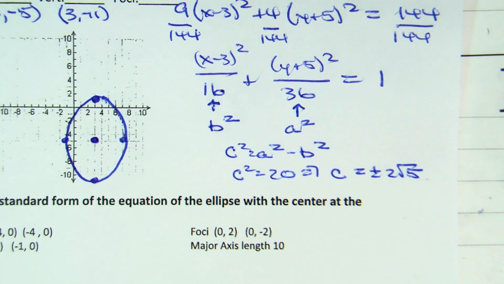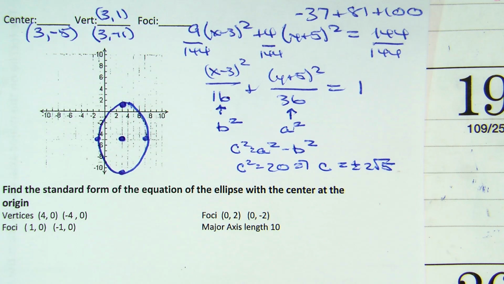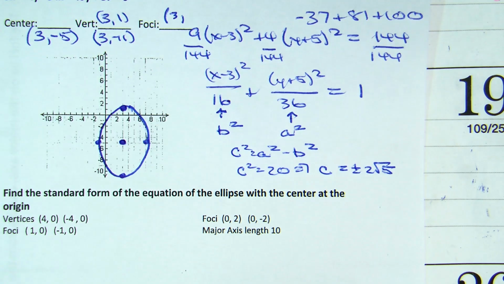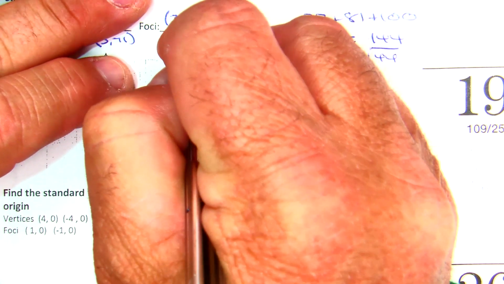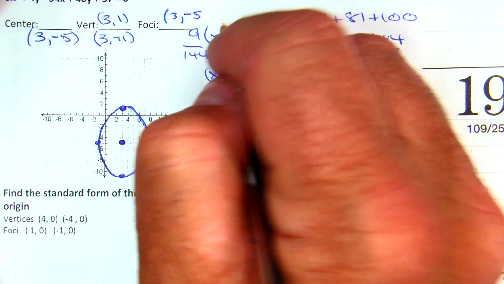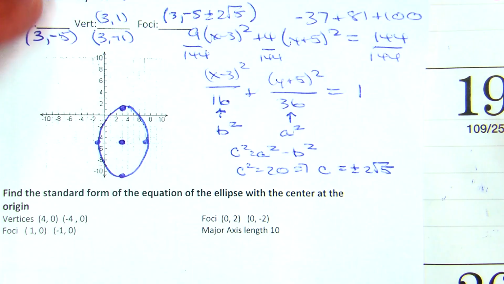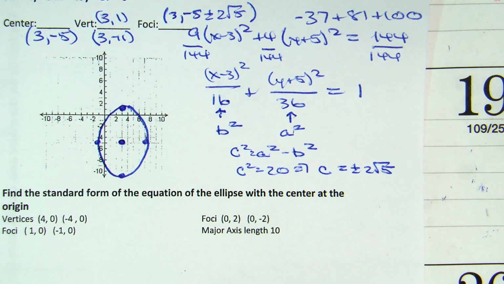To find our foci, we then add and subtract that value from the center. So again, the x-coordinate is going to stay exactly the same. When it is a radical, we're going to start with the y-coordinate of the center, put a plus minus 2 root 5. And there we go.